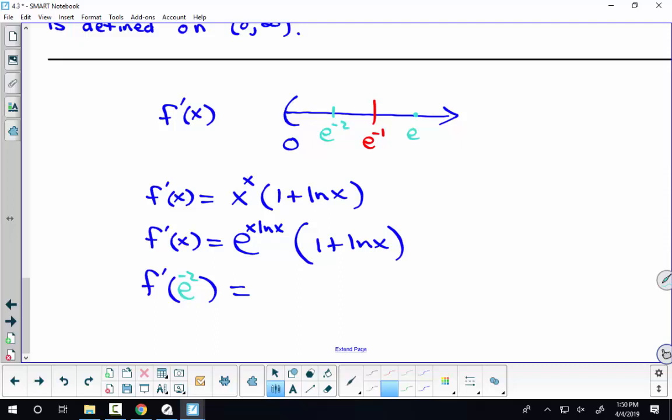Don't think about the x ln of x, because that's just going to give you some number. Whether that number comes out to be positive or negative or 0, e to that power is always positive.